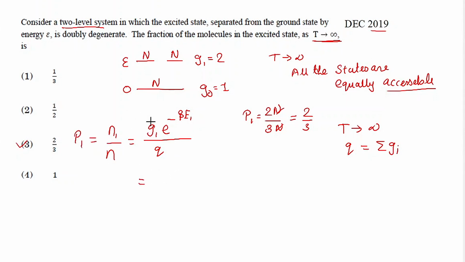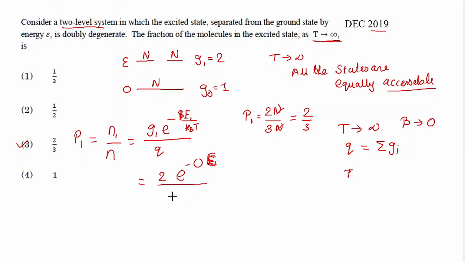And beta we can write as 1 over kBT. So as temperature tends to infinity, beta will tend to 0. The g1 degeneracy is 2, e raised to minus 0 into e1, where the energy is epsilon.